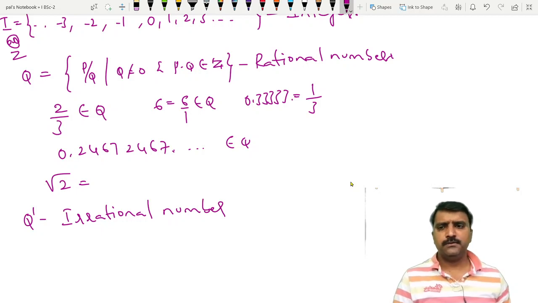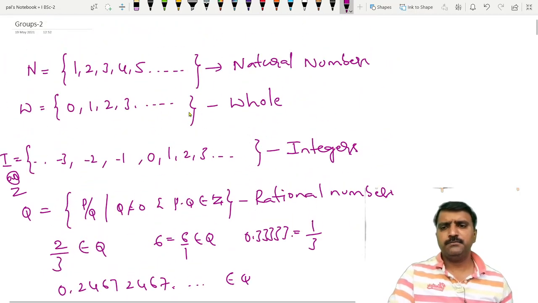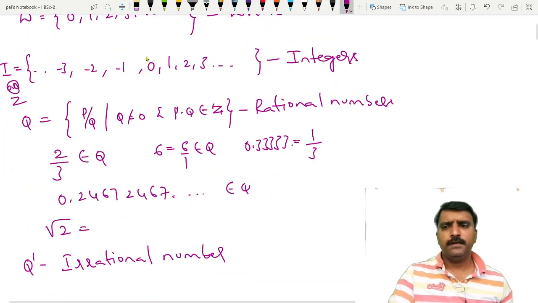So what do we learn from this? All natural numbers are whole numbers, but not all whole numbers are natural numbers. All whole numbers are integers, but not all integers are whole numbers. And all integers are rationals, because 6 can be written as 6 by 1. Like that you can write all the elements in this format.